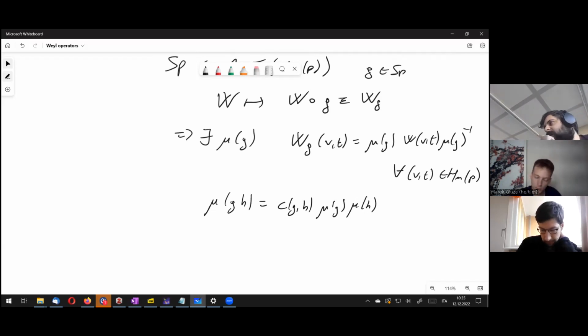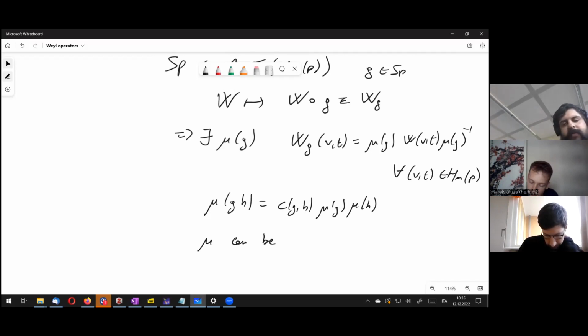But here there is a nice point that is different from the usual case for this representation. Namely, this can be linearized, and that's not the case for other fields. In particular, how can you linearize this? Basically, you can find a function. So mu can be linearized.